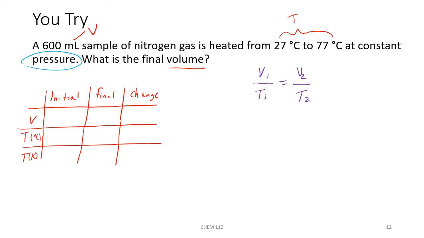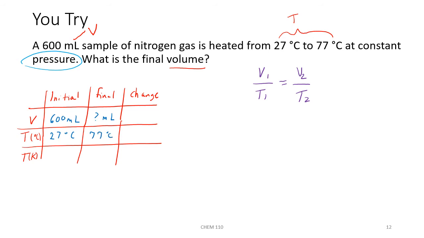So starting out, we want to plug in what we know, and we know that our initial volume is 600 milliliters. We're trying to figure out what our final volume is. When we get it, it'll be in units of milliliters as well. Our temperature initially in degrees Celsius is 27 degrees C, and finally it was raised to 77 degrees Celsius.